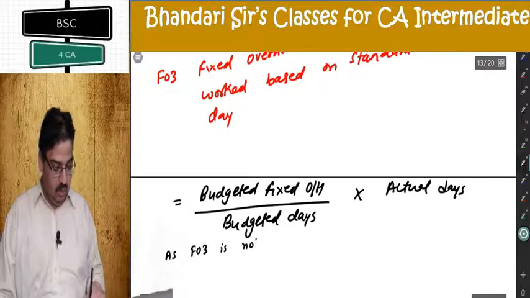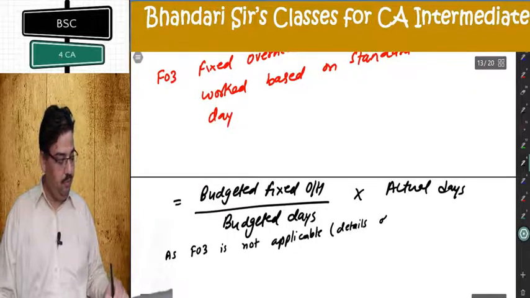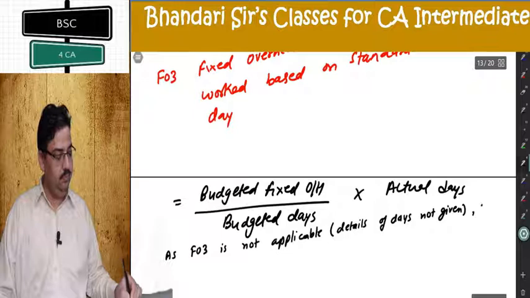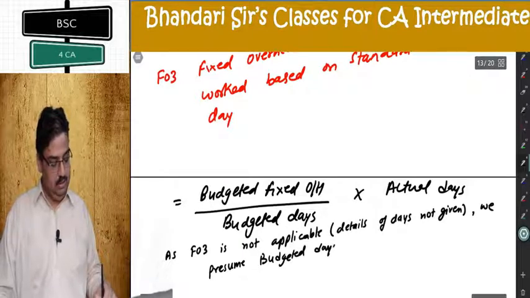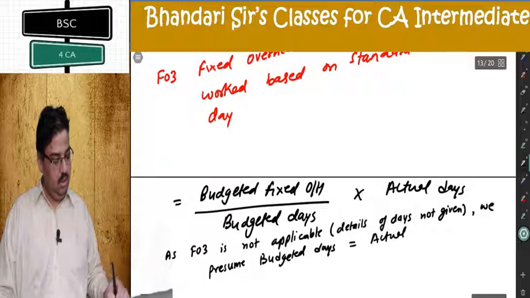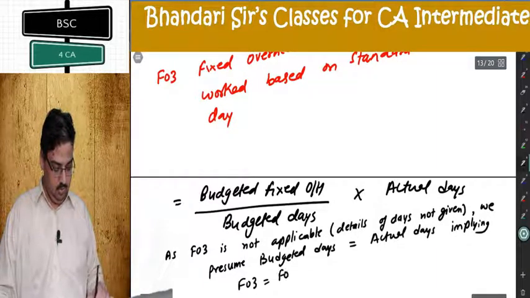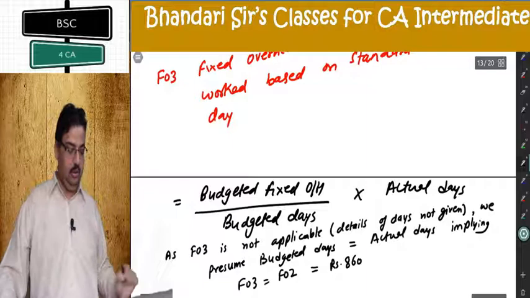FO3 is not applicable, details of days not given, we presume budgeted days equal to actual days, implying FO3 equal FO2 equal rupees 860.